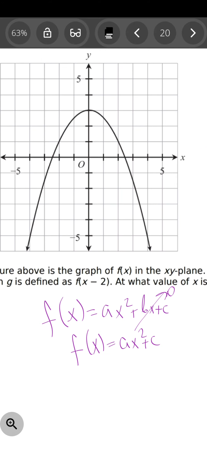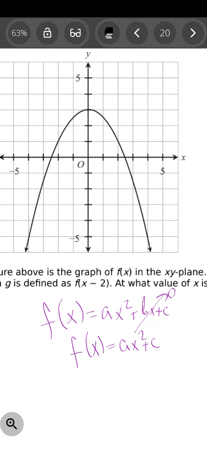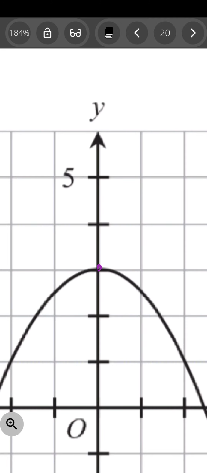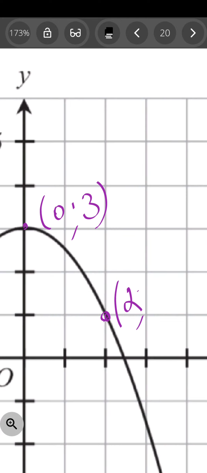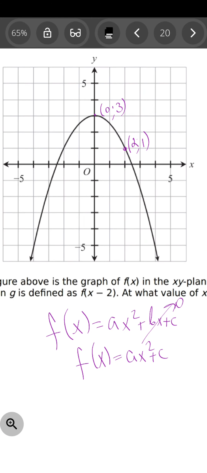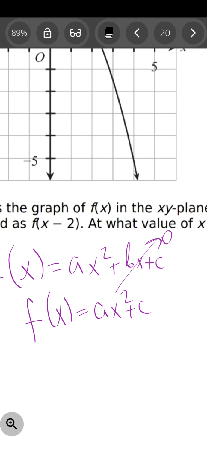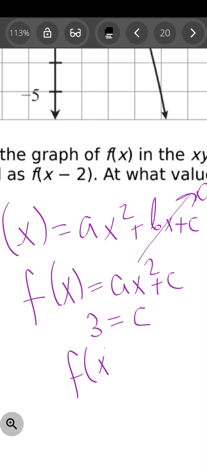Let's use the coordinates of the points and find the function f of x. The coordinate of this point will be (0, 3), and the coordinate of this point will be (2, 1). If we substitute 0 and 3 in the place of unknowns, we get that 3 equals c. So the function f of x will be ax squared plus 3.